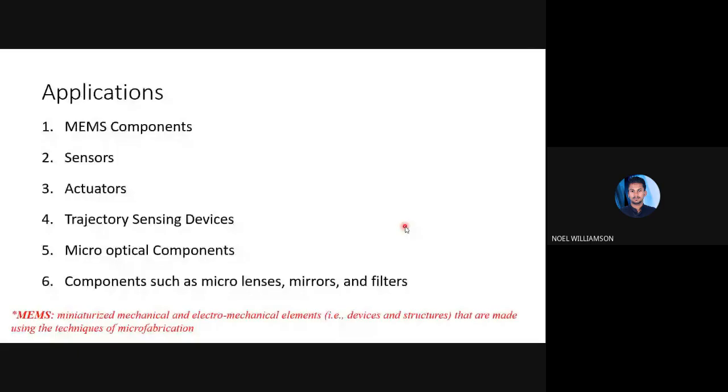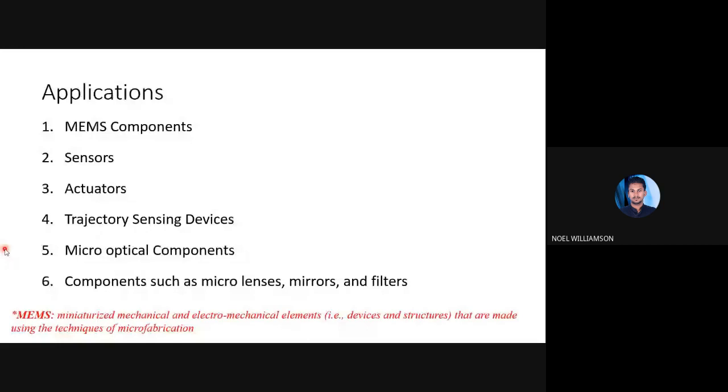And these are the wide range of applications where the LIGA process is being used. First one, MEMS components. MEMS means miniaturized mechanical and electromechanical elements that are made using the techniques of microfabrication.